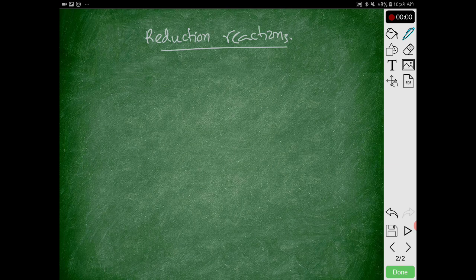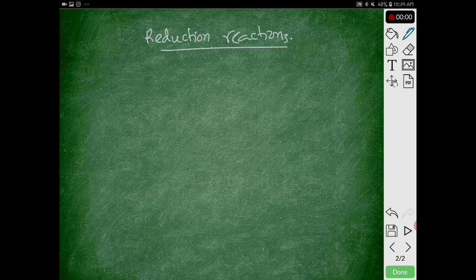I request you to go through the Plus Two textbook, the first chapter of the second part, named Redox Reactions. Please go through that chapter.